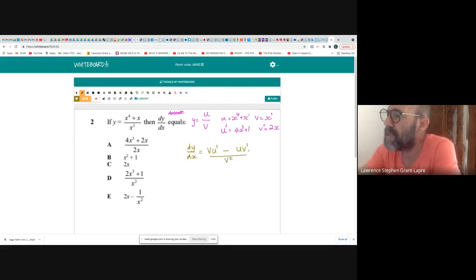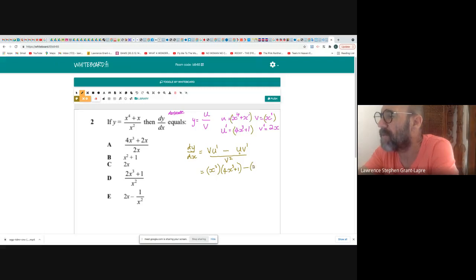And now we replace v with x squared. So v is x squared. And u dash is 4x cubed plus 1. And we've got a minus. Now u is x⁴ plus x.